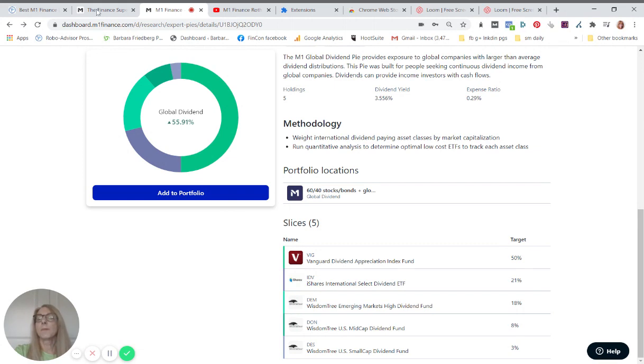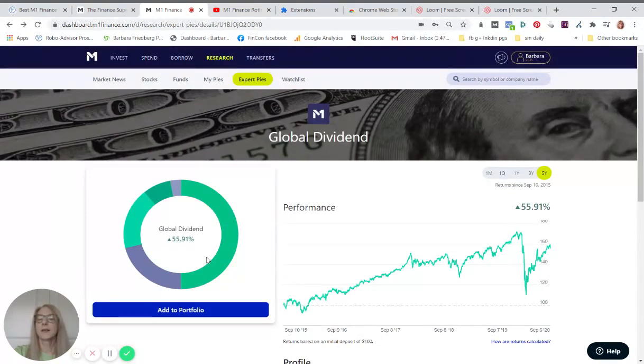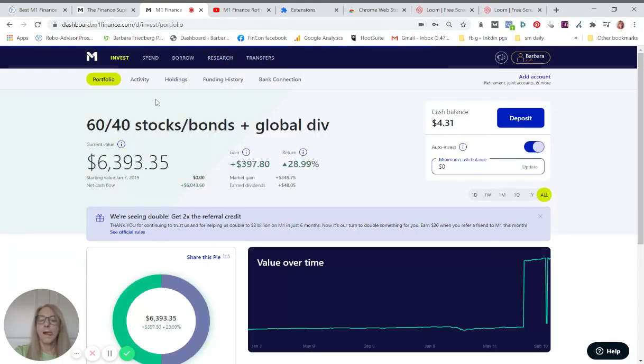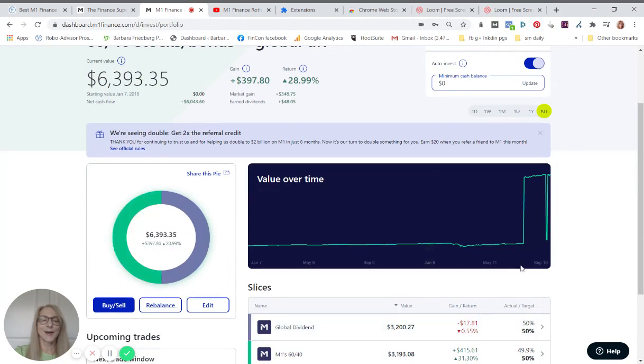So let's go back to my portfolio and take a look at how my portfolio is set up. And you'll see here, don't get too freaked out by this up and down, because I initially had $1,000 and then I added $5,000 here. And so that's why the portfolio went up really high here with the additional $5,000.